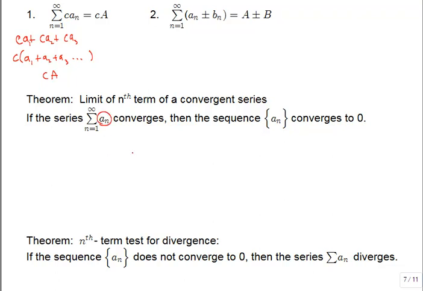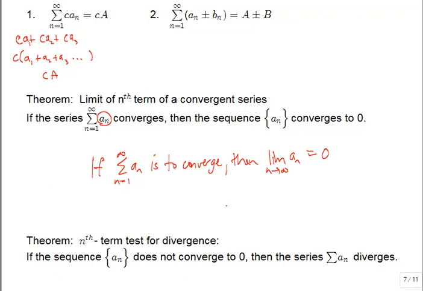So what this theorem is saying is that if your sum of a sub n converges, if that series is to converge, then the limit of these nth terms, a sub n, has to go to 0.